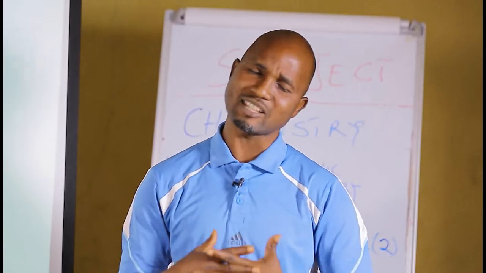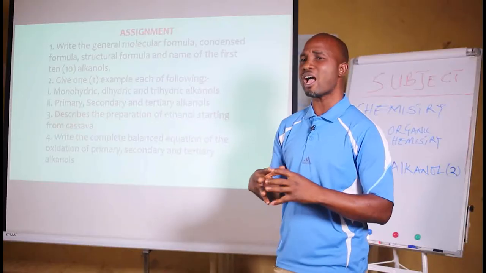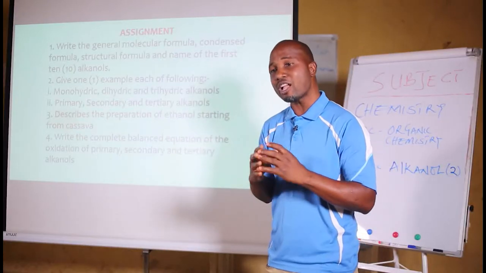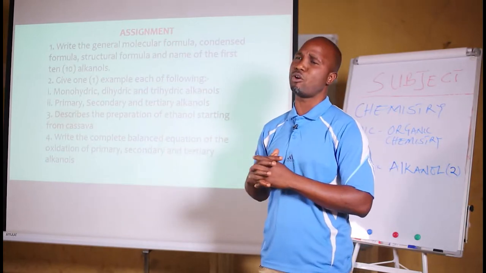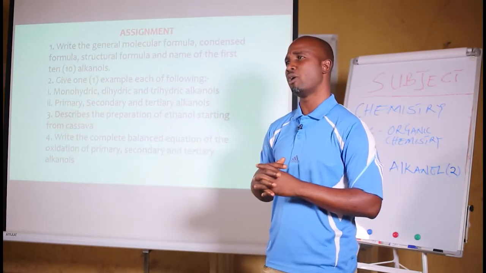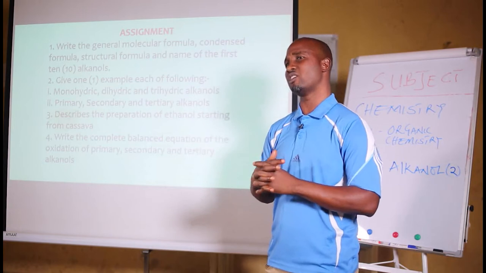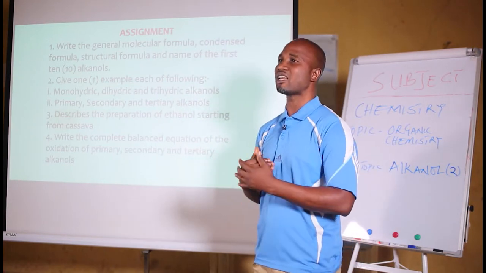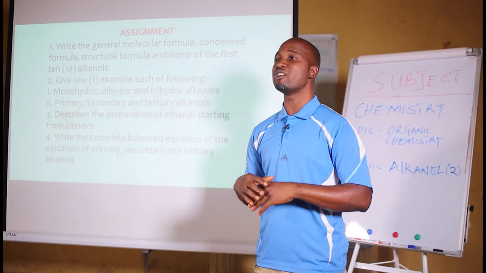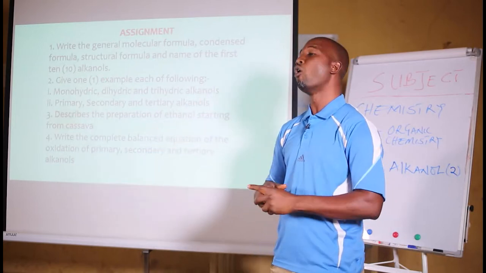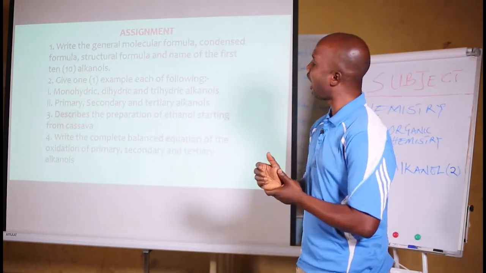Then the secondary alkanol, the carbon atom that is carrying the OH group is in turn bonded to 2 other carbons, or 2 alkyl groups, or 1 hydrogen atom. And lastly, the tertiary alkanol, the carbon atom carrying the OH group is in turn bonded to 3 other carbon atoms, or no hydrogen atoms at all.